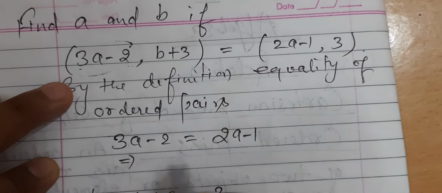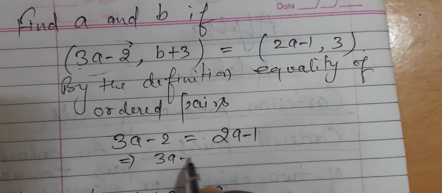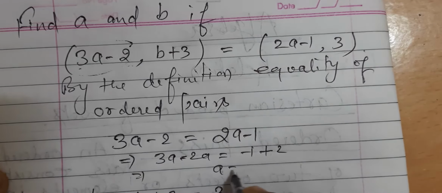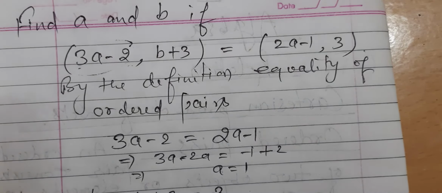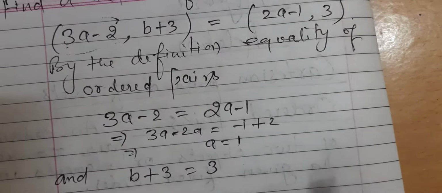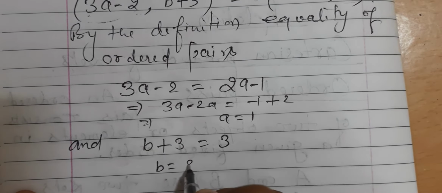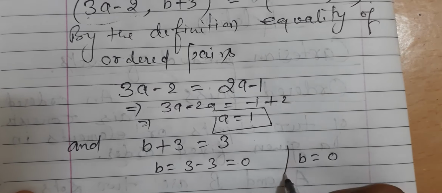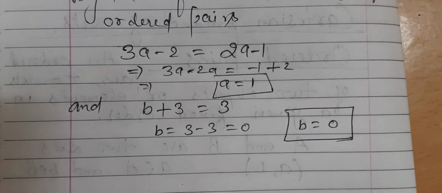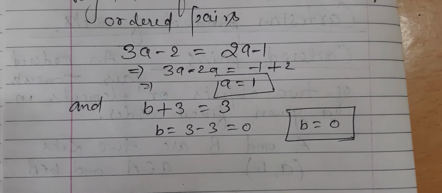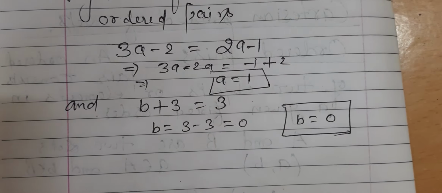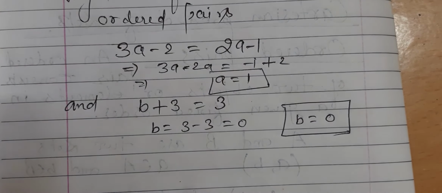So when you simplify, you will find that the value of a is 1 and the value of b is 0. So this is just a 1 mark question based on the equality of ordered pairs. And why is it called an ordered pair? Because here order matters. (1, 2) is not equal to (2, 1). (1, 3) is not equal to (3, 1).